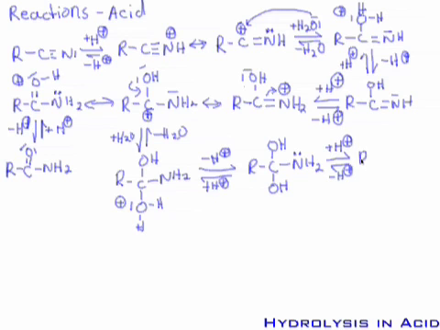We have RC(OH)(OH). Protonation of the nitrogen leads to a better leaving group, NH3 plus. And if that nitrogen leaves, minus NH3.